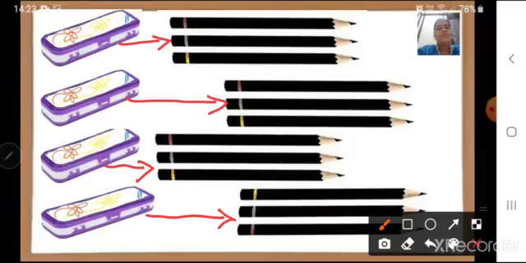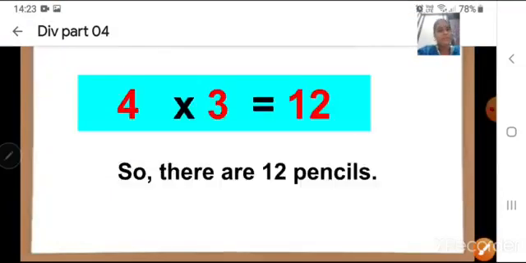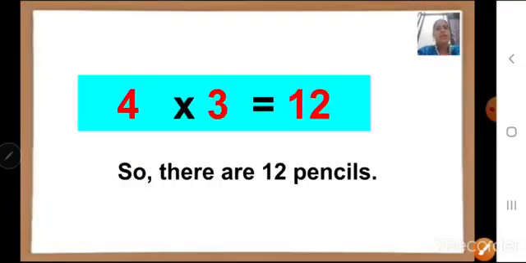Now in all we have to find out how many pencils are there in 4 boxes. Right? Now children, to get the product we multiply. What do we multiply? 4 into 3. There are 4 boxes and in each box there are 3 pencils. So we multiply 4 into 3. And what is 4 threes? It is 12. So there are 12 pencils.